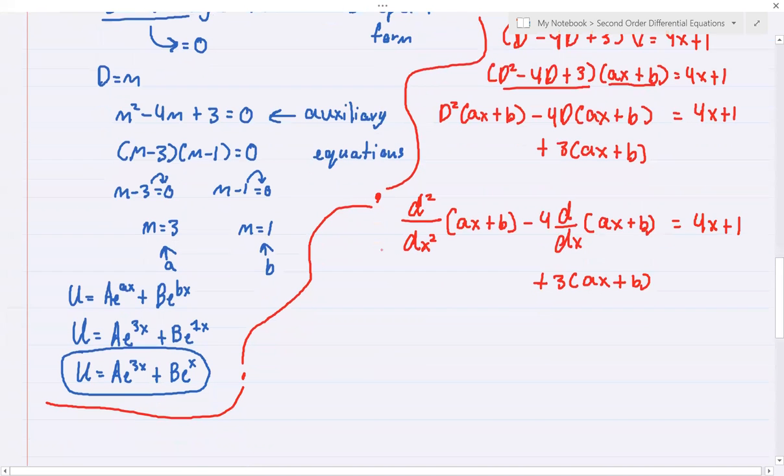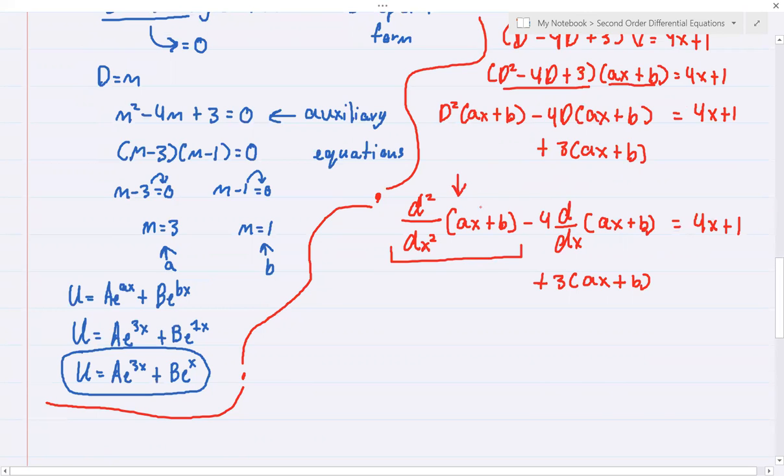That's it. Now, if you take a look at the first two terms, we have d squared all over dx squared of ax plus b minus 4 times d all over dx of ax plus b. That means you're going to get the derivative of these first two terms. On the first term, we have d squared all over dx squared, meaning the second derivative.